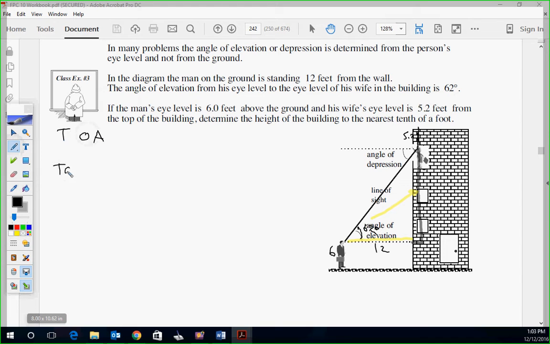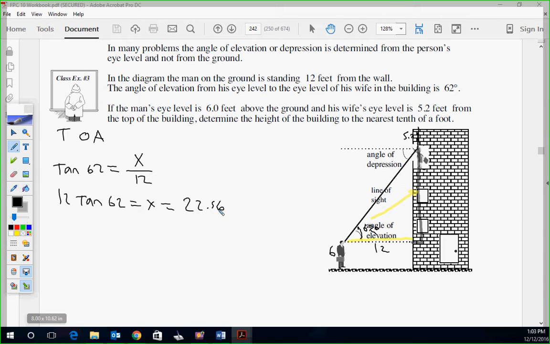So I'm doing tan 62 equals x over 12. That's just our normal trig setup. And we just multiply by 12. So x ends up being 22.56.